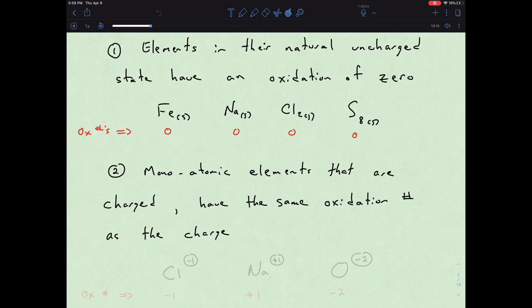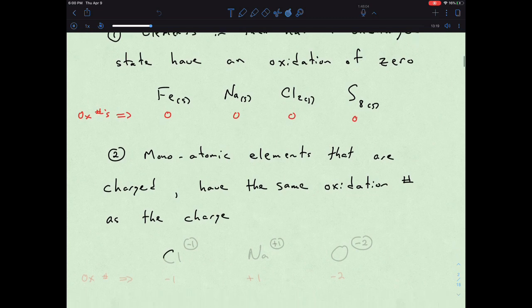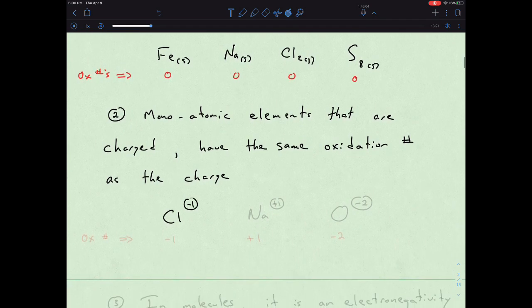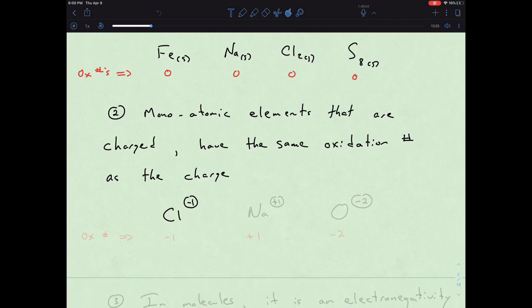So if we were looking at our example above, we had chloride -1. So its oxidation number would be -1.